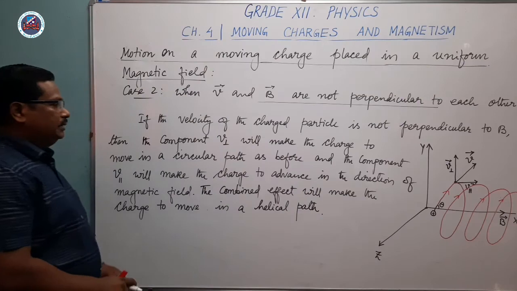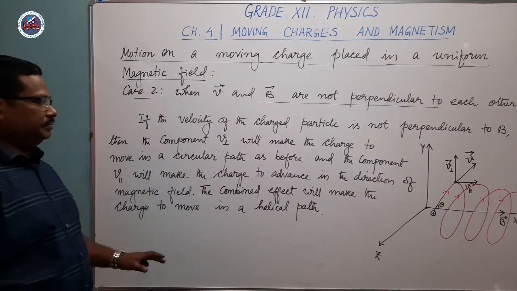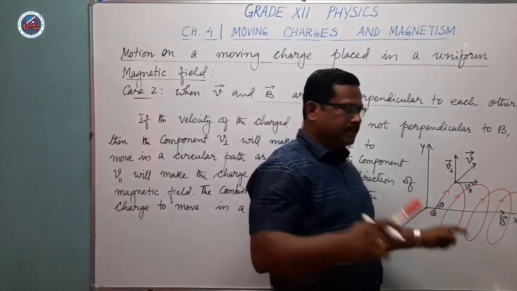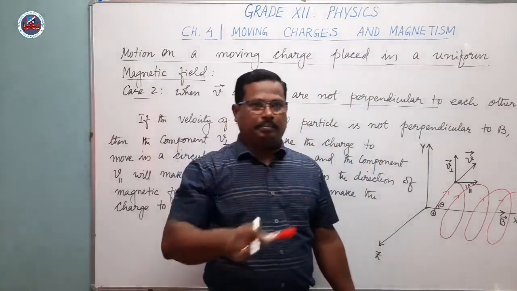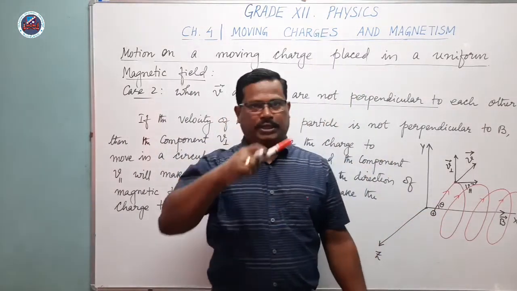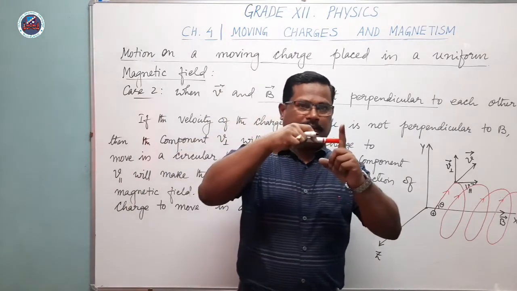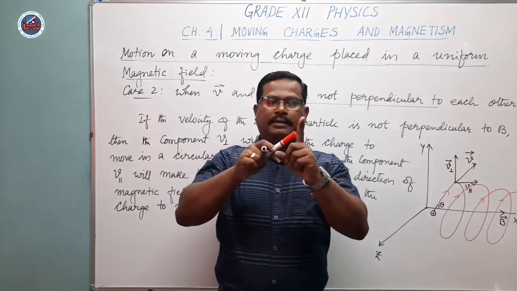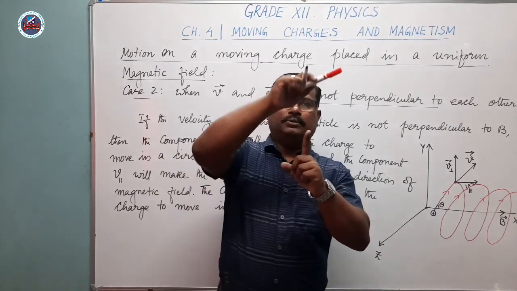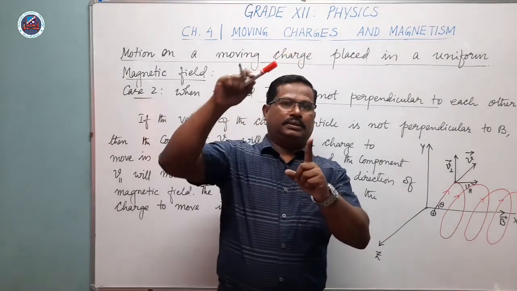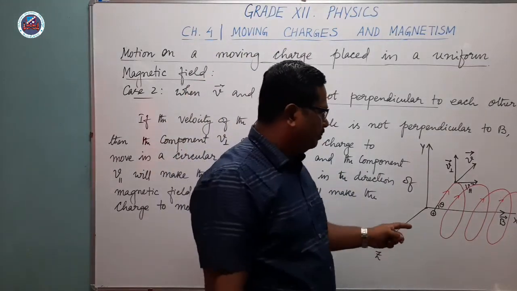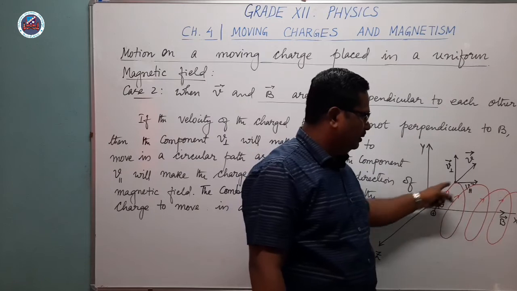Now in both the cases, in one case the charge moves in the same position in a circular path when you allow the charge to hit the magnetic field lines perpendicularly, but when you allow it to hit with some angle, then it forms a helix and moves. So in both the cases, the motion is a circular one.